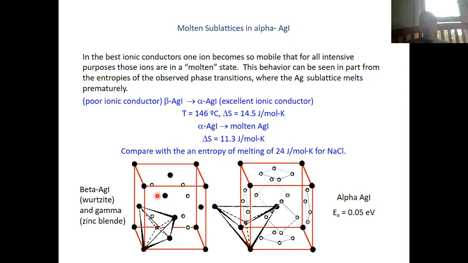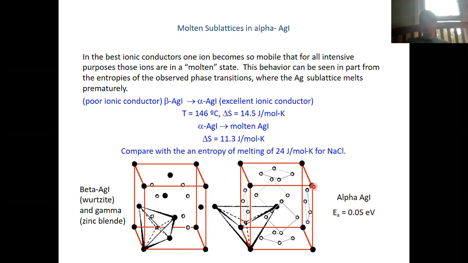In contrast, there is alpha silver iodide, which is the high temperature phase. At a temperature of 146 degrees Celsius, the beta silver iodide transforms into the alpha silver iodide, and the alpha silver iodide has a different structure. You see the structure here.